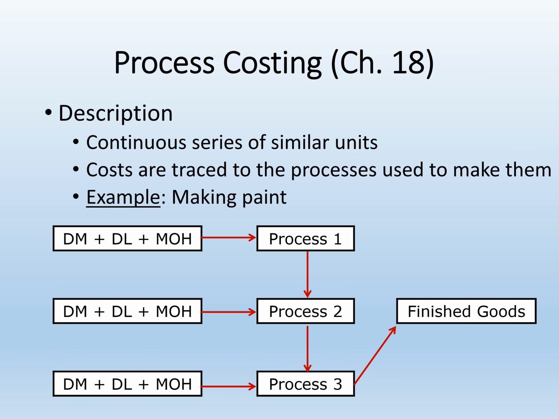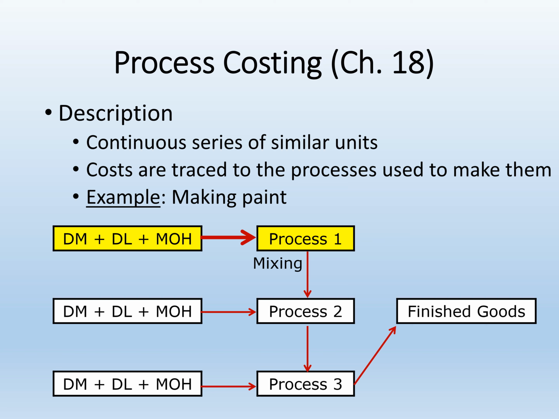For example, to a firm that manufactures paint, it doesn't matter if the firm is currently making blue paint or green paint, indoor paint or outdoor paint, semi-gloss or matte finish. The process of making the paint is identical.